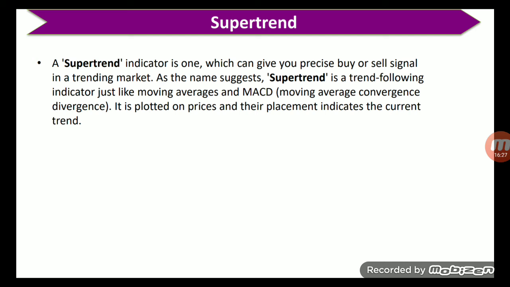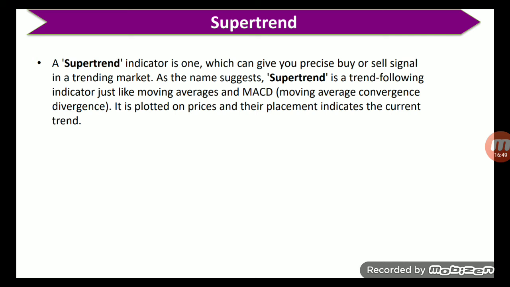And if it shows the downward arrow, if you set the super trend indicator in your demat account, your trading account, you will see arrows which show the upward or downward indicator.